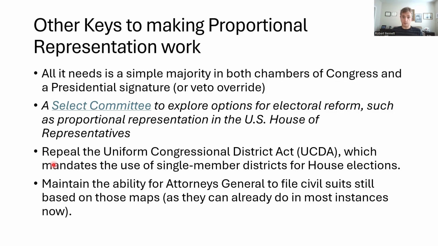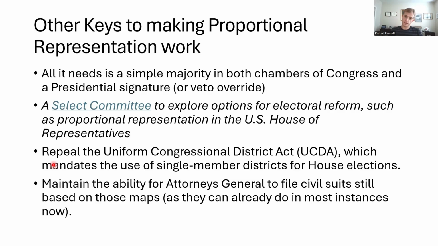I also need to mention there is a select committee in the U.S. House of Representatives as we speak to explore options for electoral reform, including proportional representation. But quite frankly, no one knows about it and no one talks about it. Now, why they don't talk about it, I will let you be the judge of that.